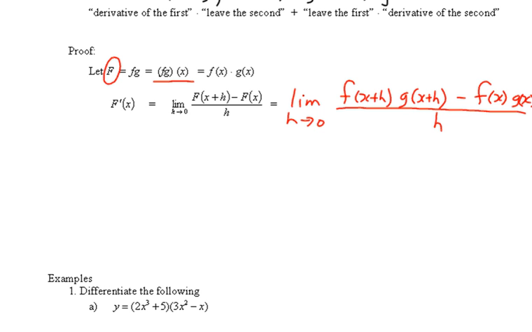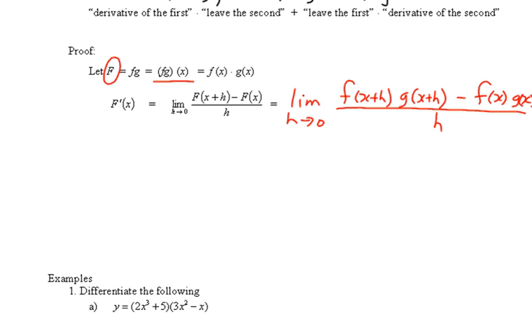Capital F is defined as little f times little g. So when we do this derivative formula, we start by substituting x plus h, which I've done here. And then we just substitute x, which I did there. So remember what capital F was. It's the product of the two. So that's why both of them are there.